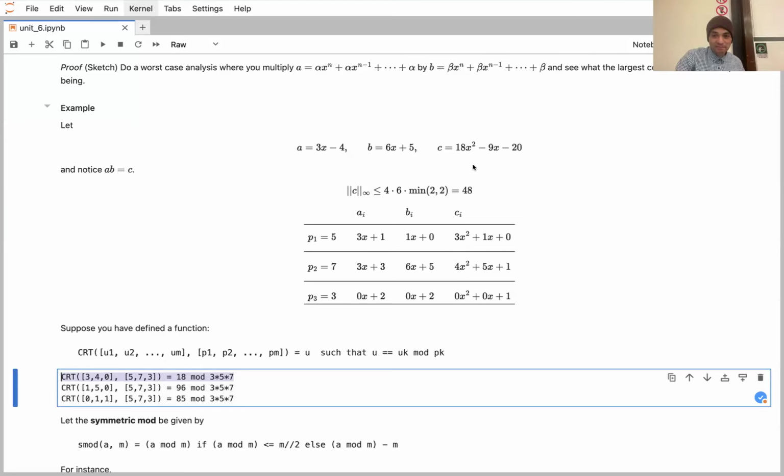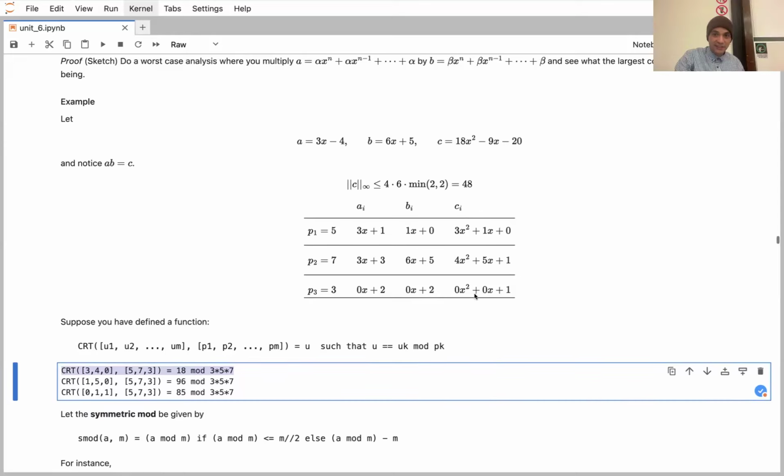Big ints, right? Yep. So I'm saying I can recover the integer answer. Oh, I see, using the Chinese remainder theorem. Exactly, because the leading coefficient is 3 mod 5, 4 mod 7, 0 mod 3.